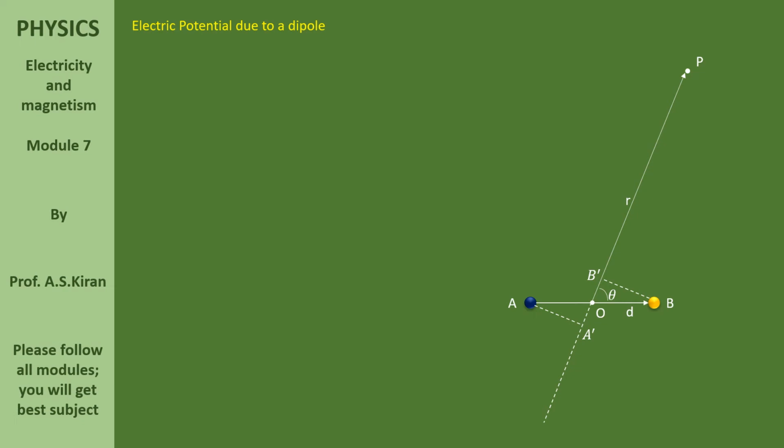From the center of the dipole to the point, the distance is r. Please extend that line, of course represented in dotted line form.